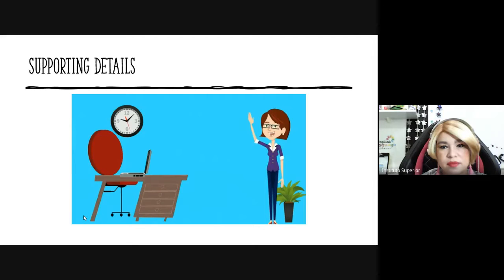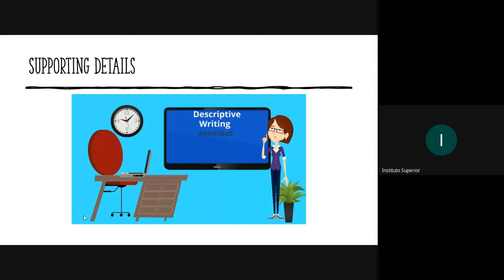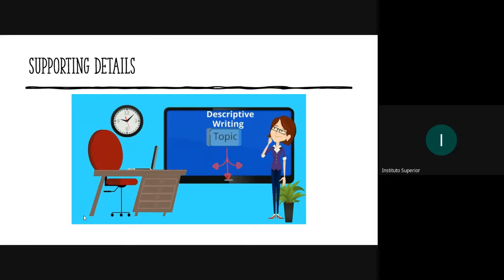Hello, everyone. Today we're going to finish our lesson with writing. What is a descriptive writing? It describes people, animals, or places in such a way that a picture is formed in mind.